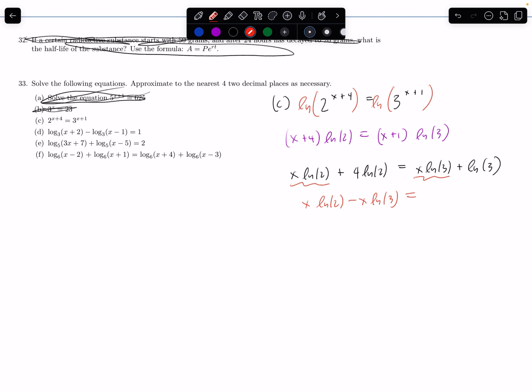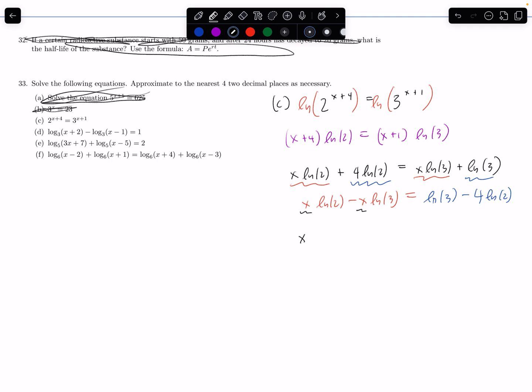That's this guy and this guy. And on the right-hand side, let's just change color halfway so I can see the distinction. It's going to be ln of 3 minus 4 ln of 2. See that? Okay, and then now factor out an x, this guy.